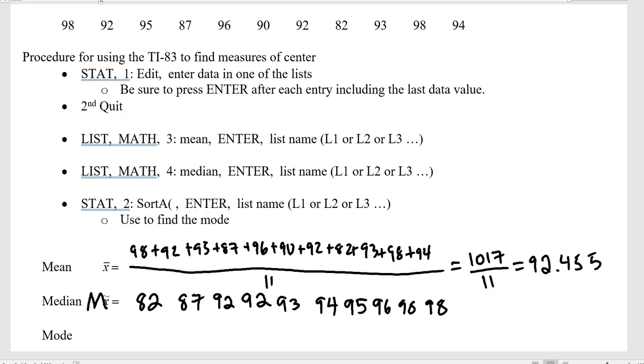Did I miss a number? 1, 2, 3, 4, 5, 6, 7, 8, 9, 10. I sure did. Which one did I miss? 82, 87, 90.